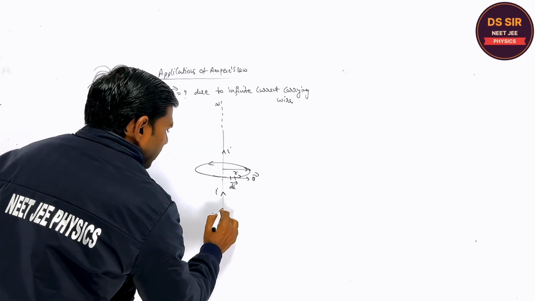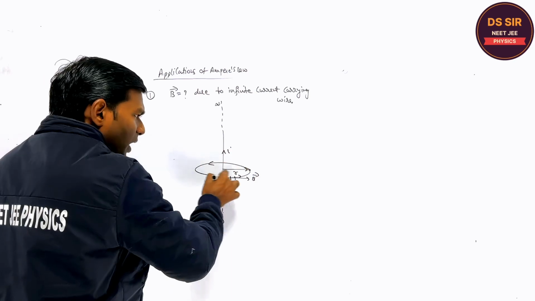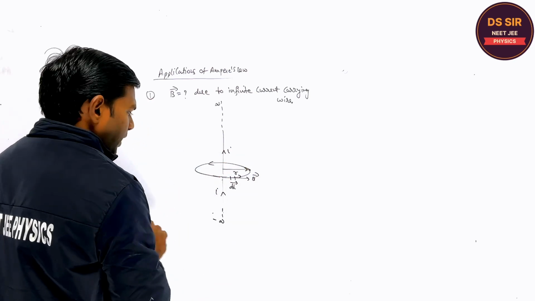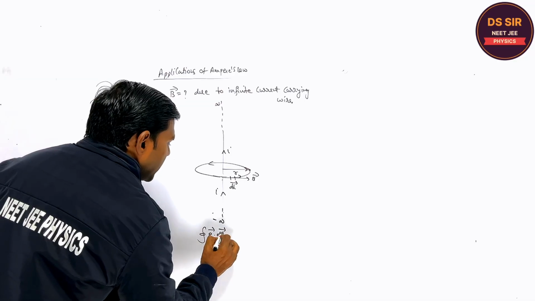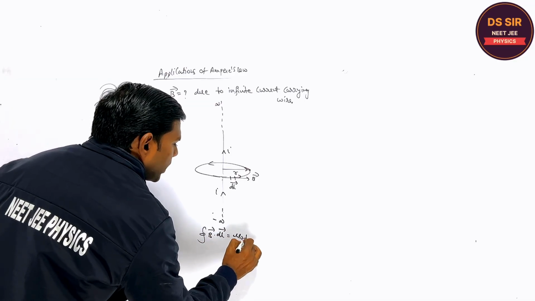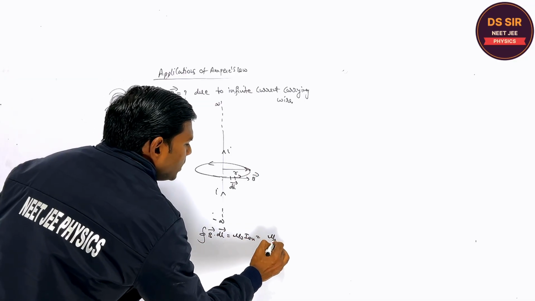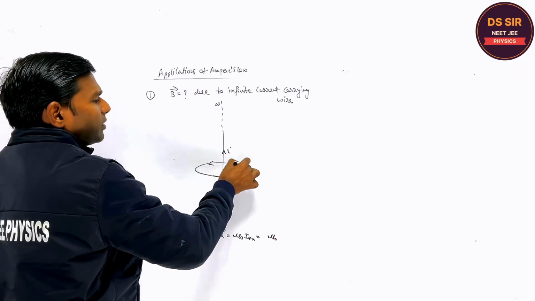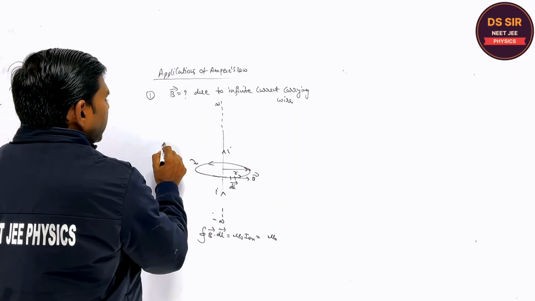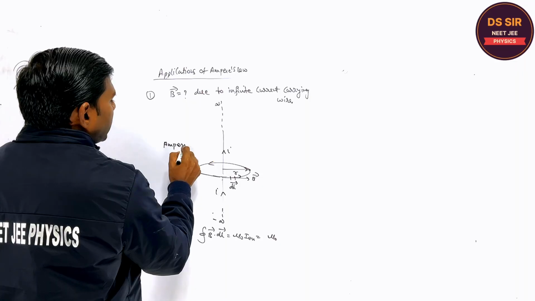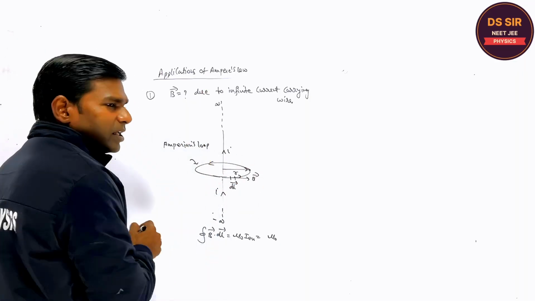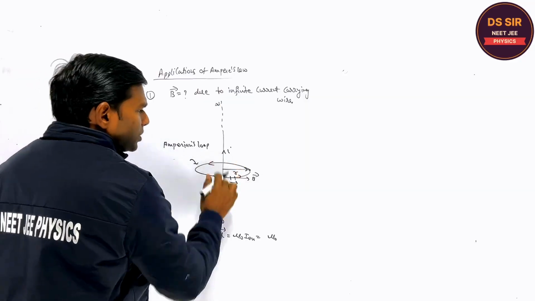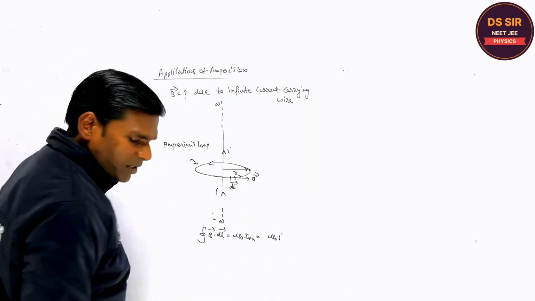So to find the magnetic field around this closed loop, you will apply Ampere's law. Ampere's law is mu naught into I enclosed. So what is the current enclosed in this loop? This is the Amperian loop, the circle of radius r, and the current enclosed here is I. Fine.